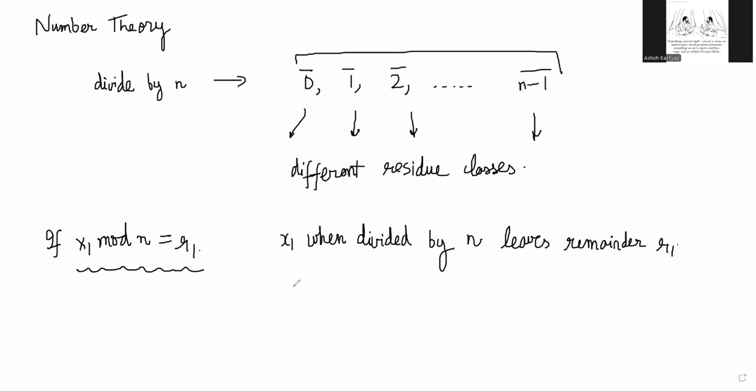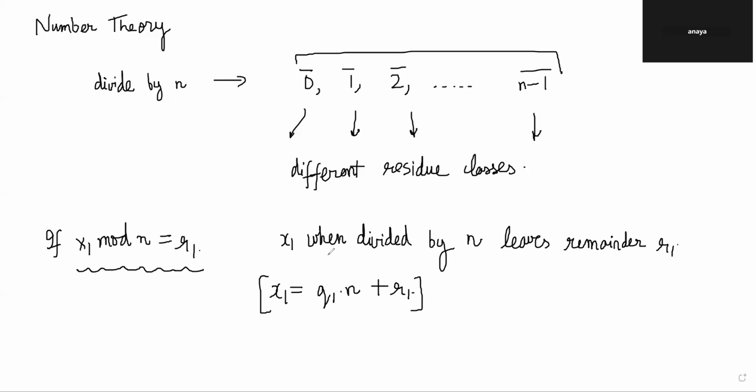So basically we can say x1 is equal to some q1 into n plus r1, right? So x1 belongs to the r1 residue class mod n. The number x1 will belong to the r1 residue class, right?